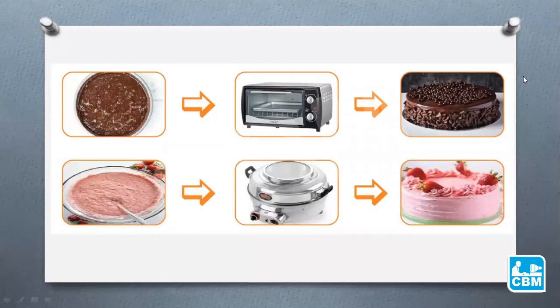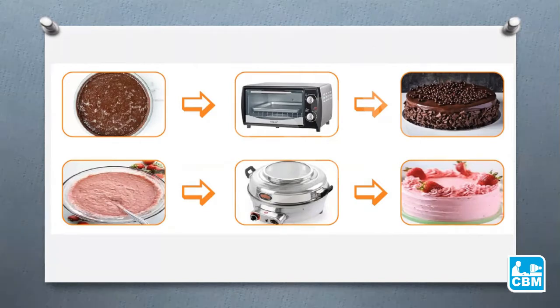Let's take a daily life example to understand functions in Python in a better way. The chocolate batter is kept in an oven to bake the chocolate cake. Similarly, the strawberry cake batter is kept in a different oven to bake the strawberry cake. Now here we are using two different ovens to perform the same operation. This isn't an efficient way to allocate the resources.